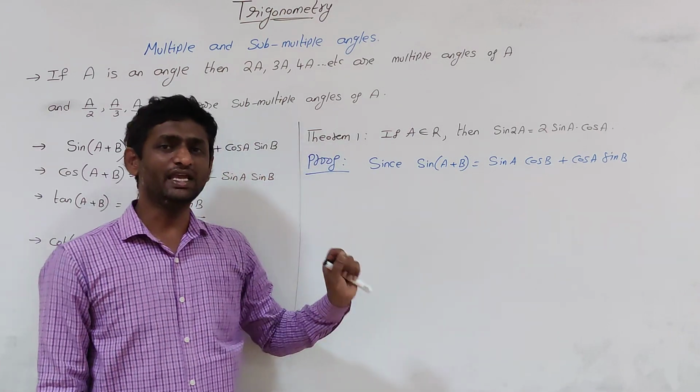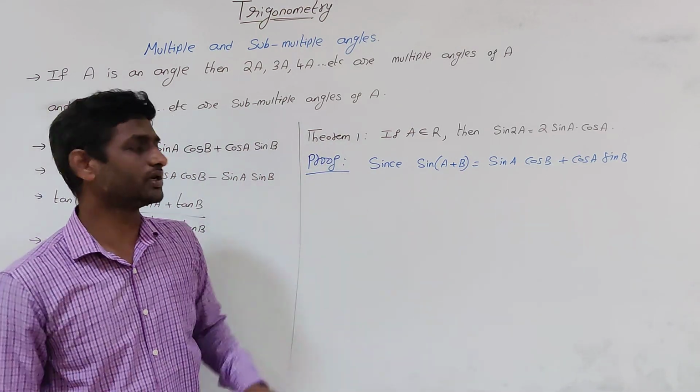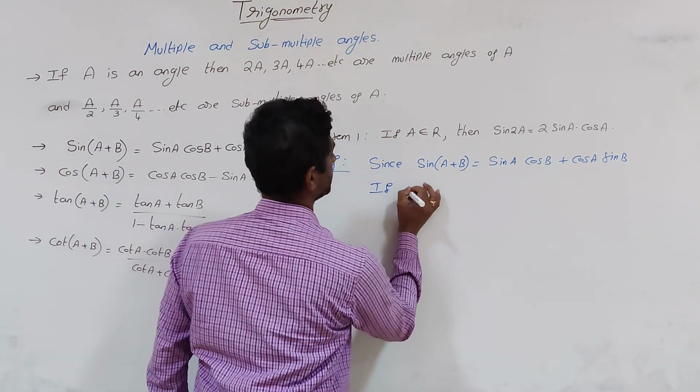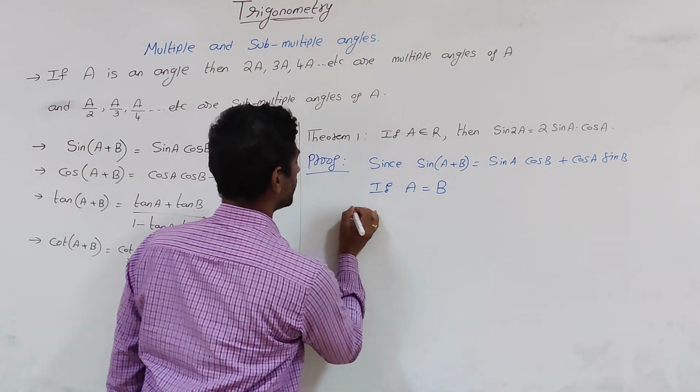If A and B are equal, means if A is equal to B, then what happens?